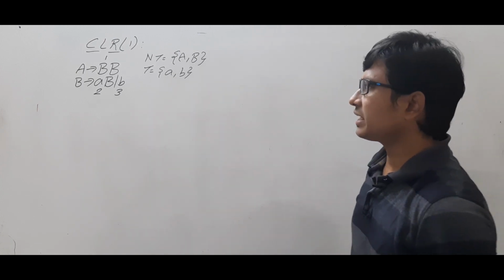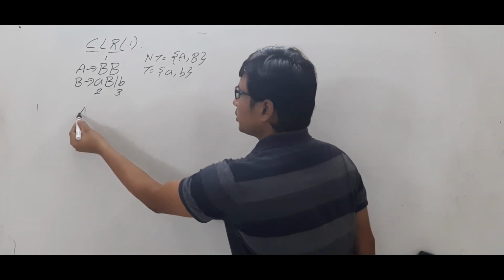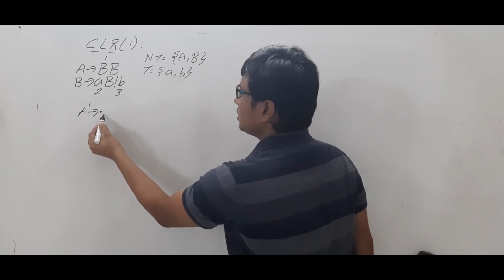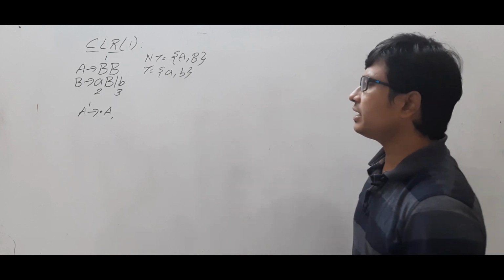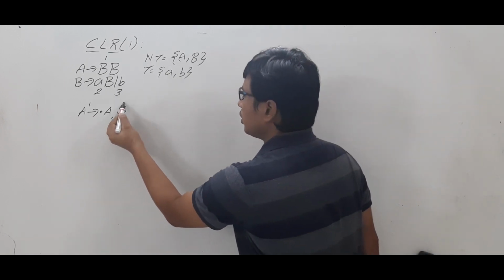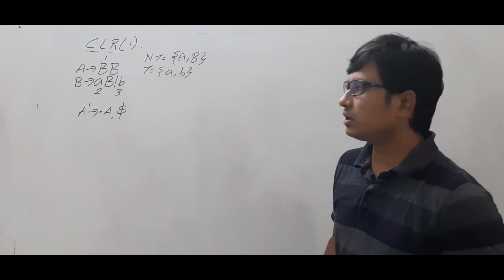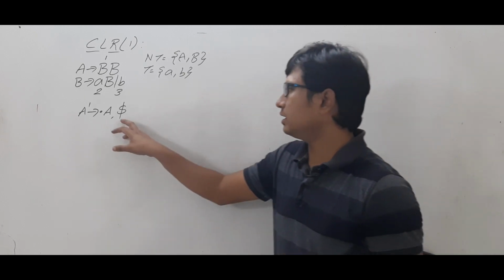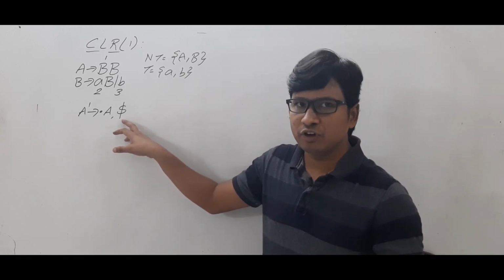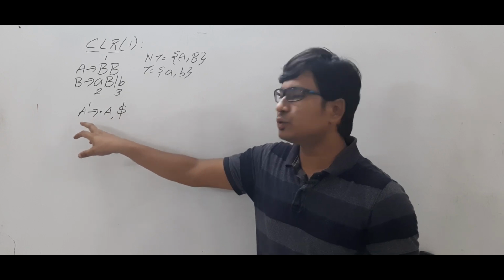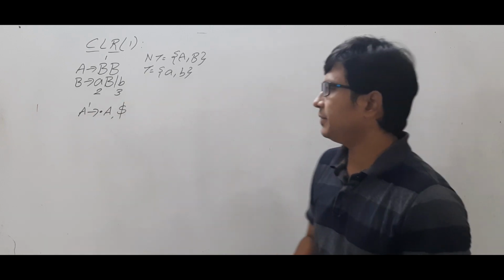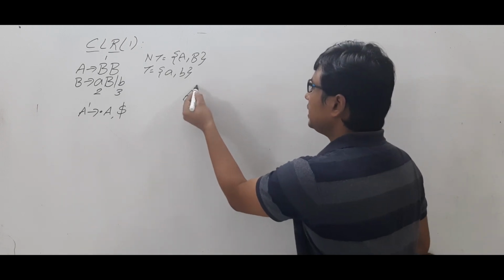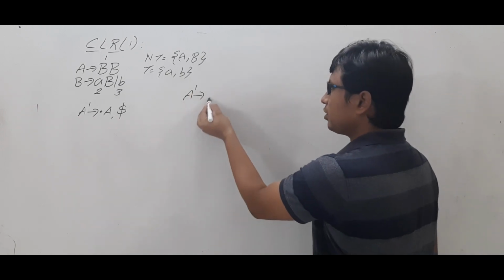Now the next step, I will take an augmented production A dash determines dot A. Is it clear? And the lookahead initially I will keep as $. Why am I keeping the $? As we already discussed, the lookahead helps us decide where to place the reduced move. Suppose it reduced to A dash determines A dot.